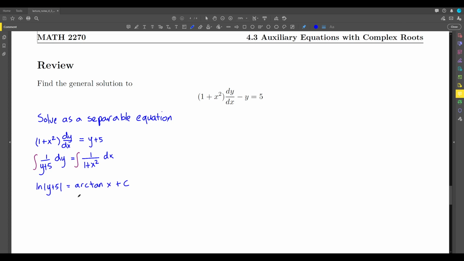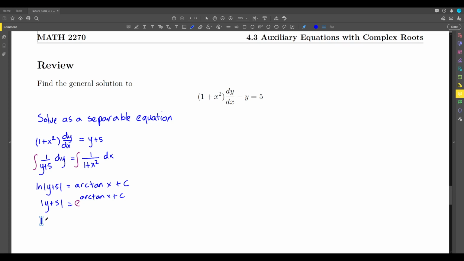So now we're going to exponentiate with respect to e on both sides to get rid of the ln. And so we get the absolute value of y + 5 equals e to the power arctan of x + c.